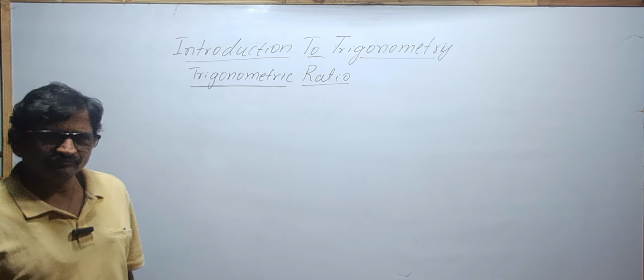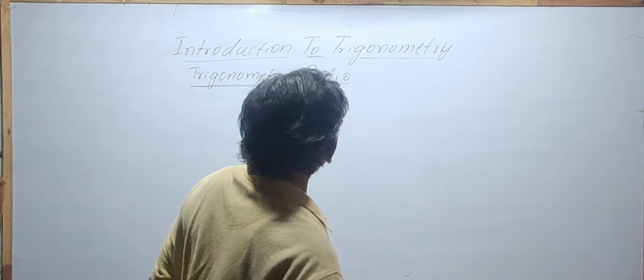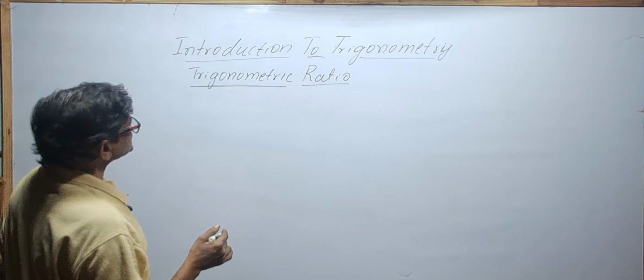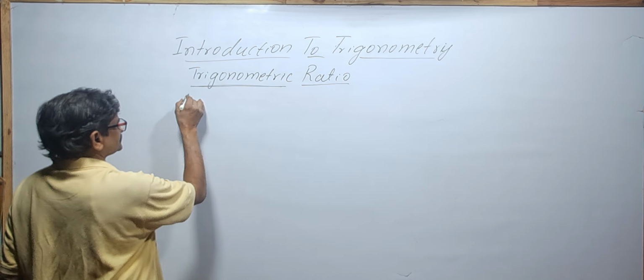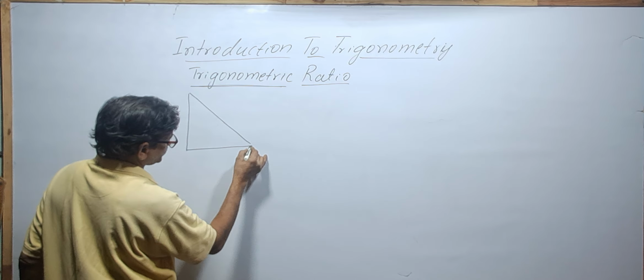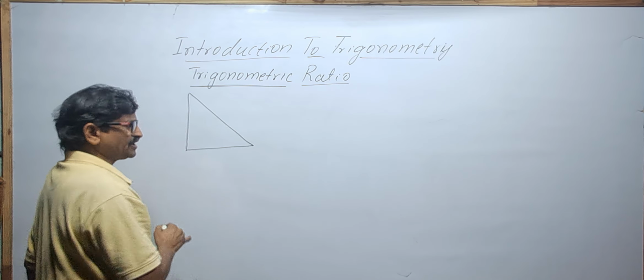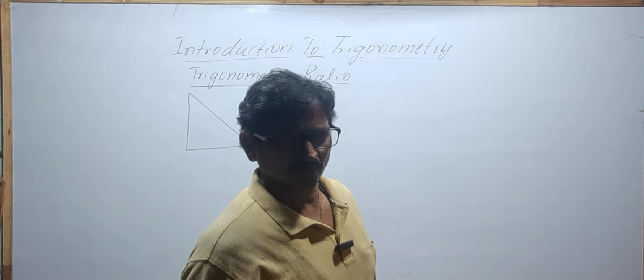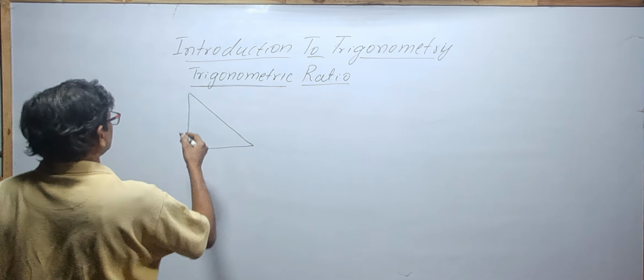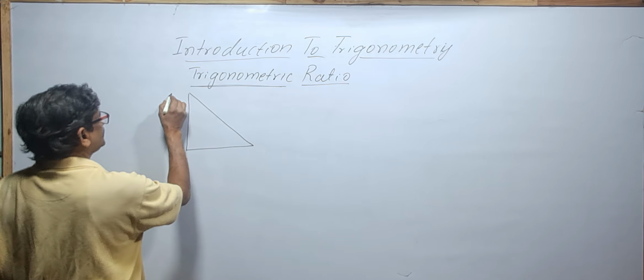In trigonometry we use a particular type of triangle, that is a right angle triangle. You already know about triangles.